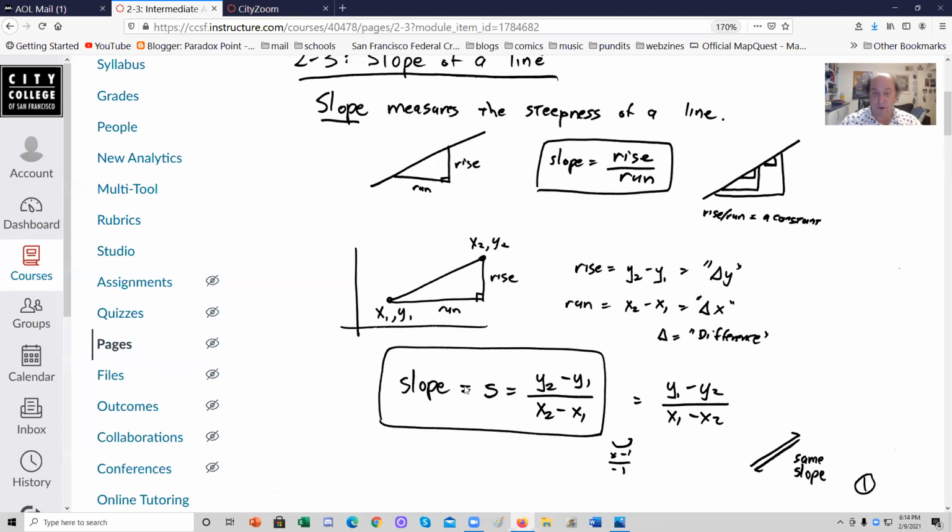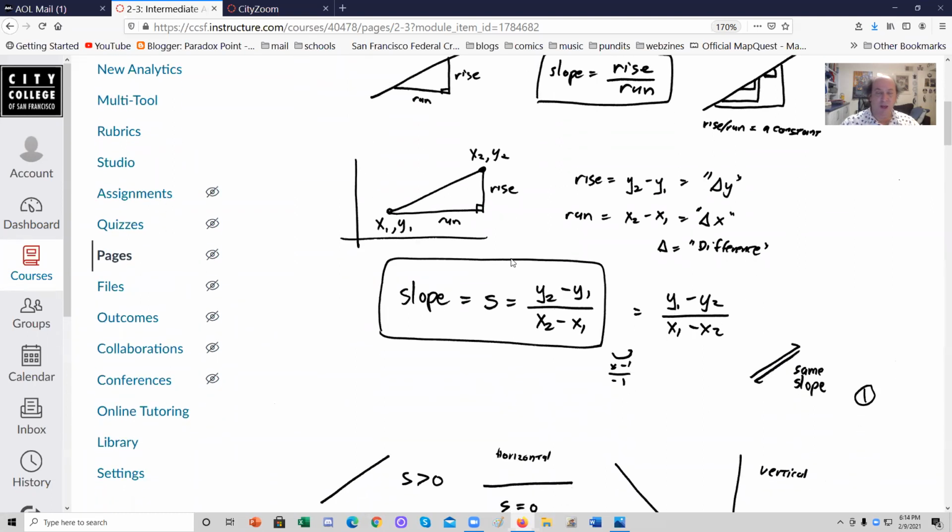So the slope, which I call S, is (y2 minus y1) over (x2 minus x1). Now you could also write it in the opposite direction, (y1 minus y2) over (x1 minus x2). If you multiply above and below of this fraction by -1, that'll flip the order of the subtraction. Basically, going from here to here is the same slope as going from here to here.